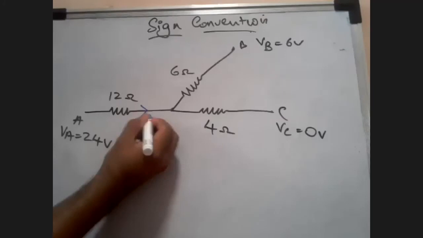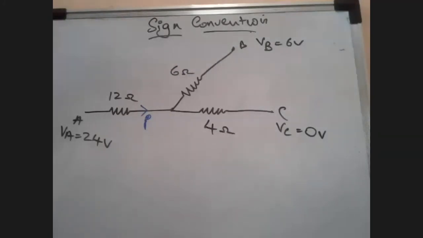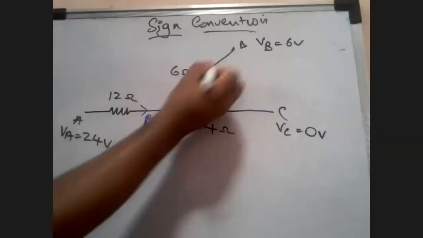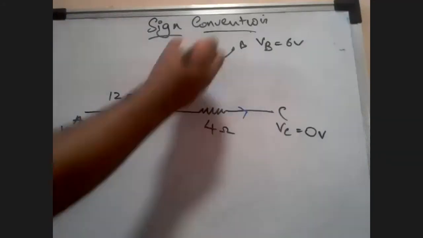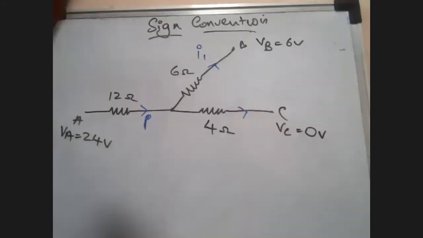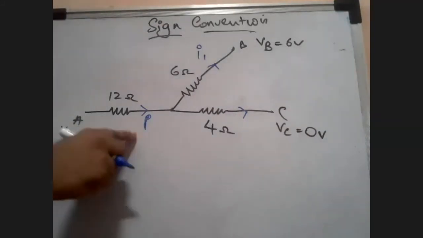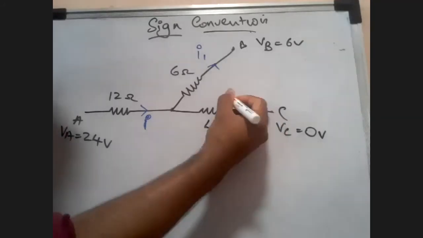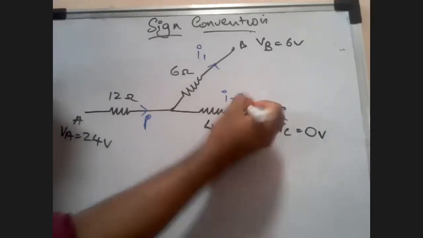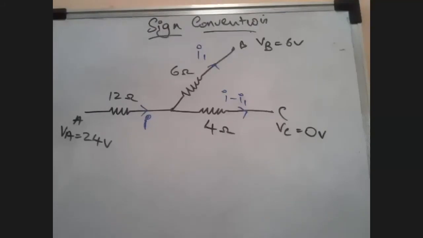Can I say there is going to be a distribution across this branch and this branch? Let's consider this to be I1. If this is I and this is I1, can I say this is I minus I1? Is this clear?